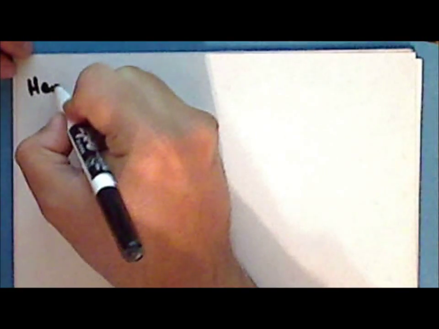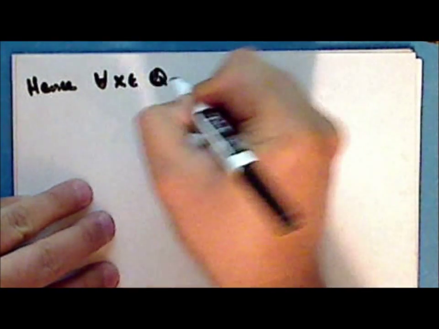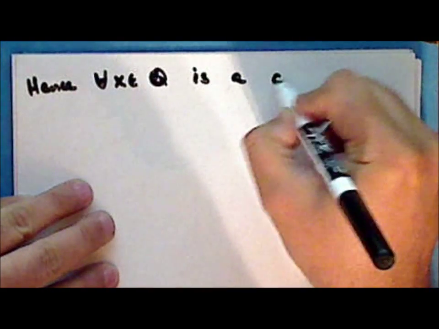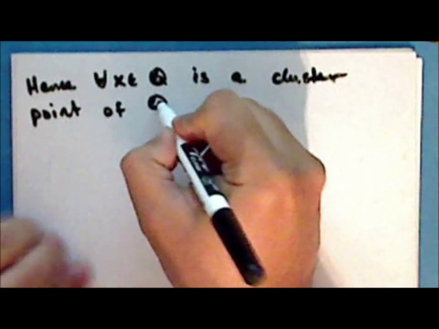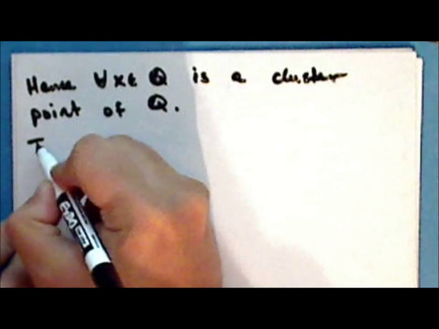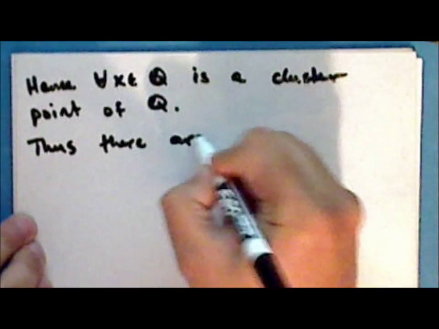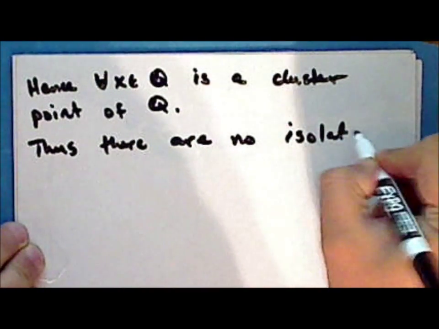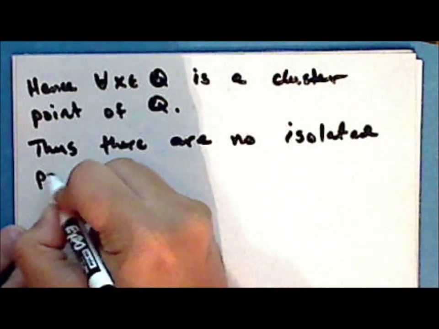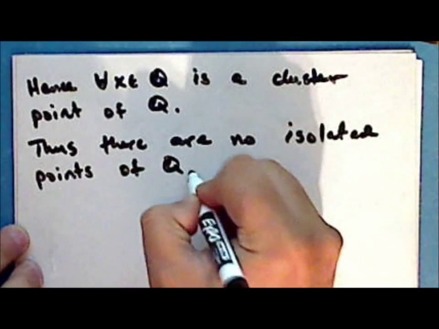And hence, every point in the space of rationals is a cluster point of the space, and thus there are no isolated points of the space.